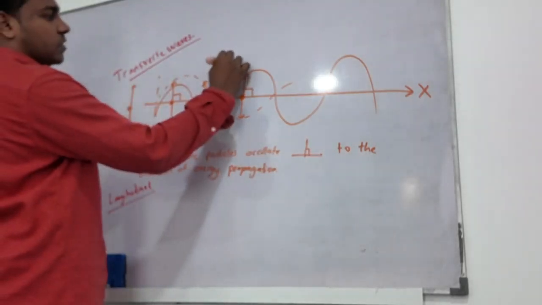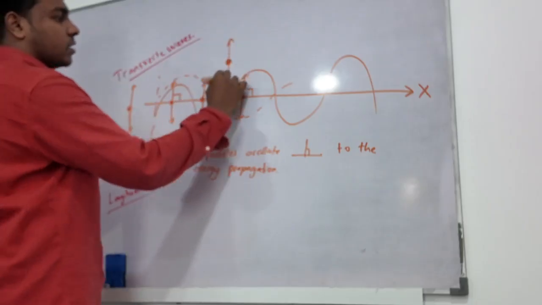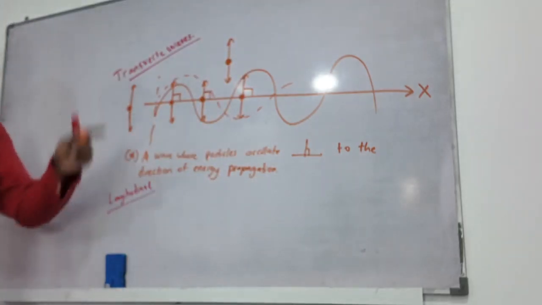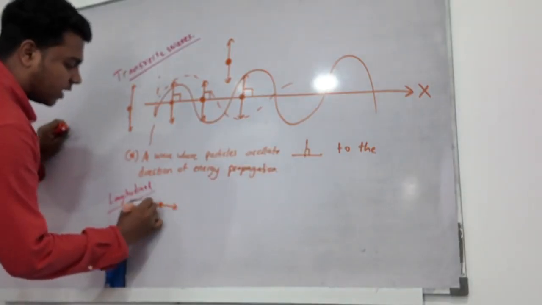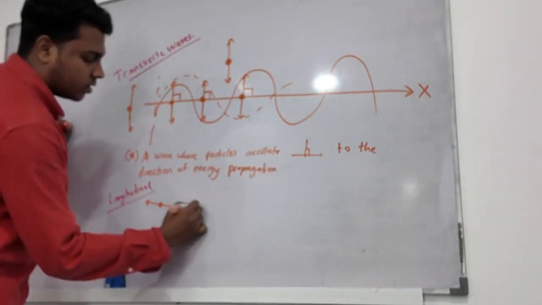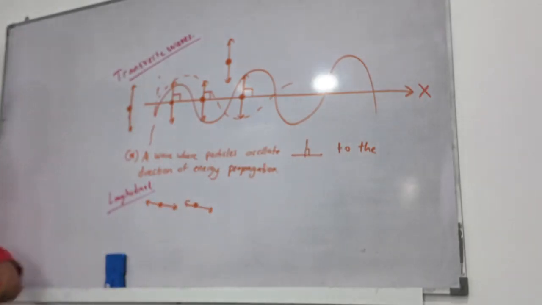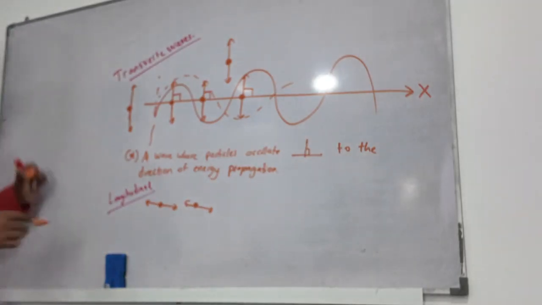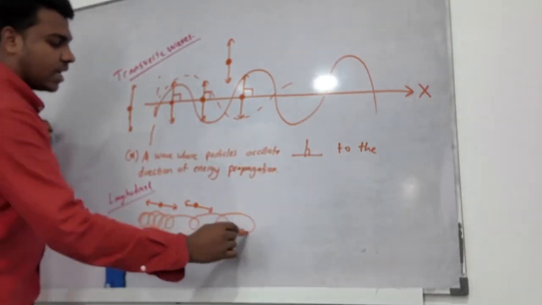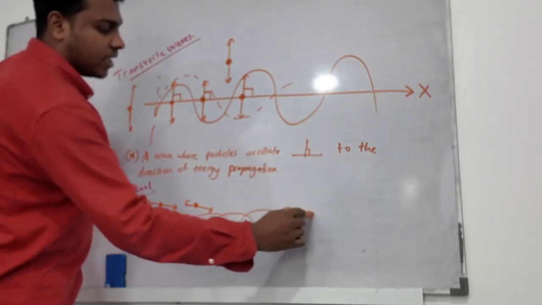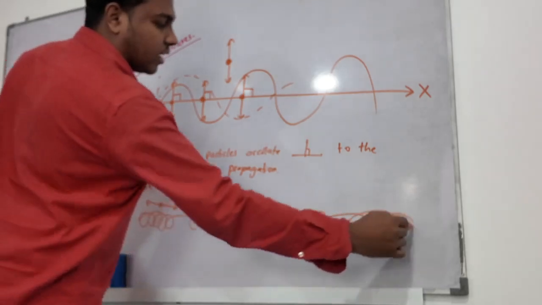So in transverse waves, the particle was moving up and down, right? In longitudinal waves, particles were moving side to side. The best example to represent a longitudinal wave is a slinky. There are compressions and there are rarefactions. There are compressions like this and rarefactions like this.